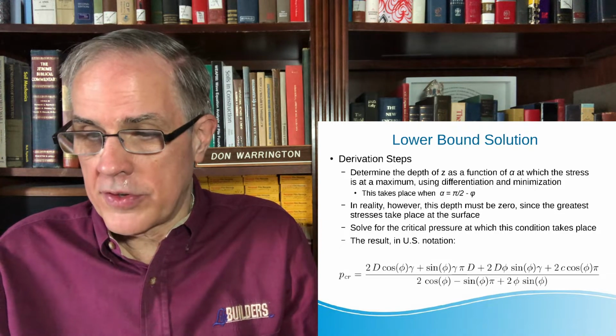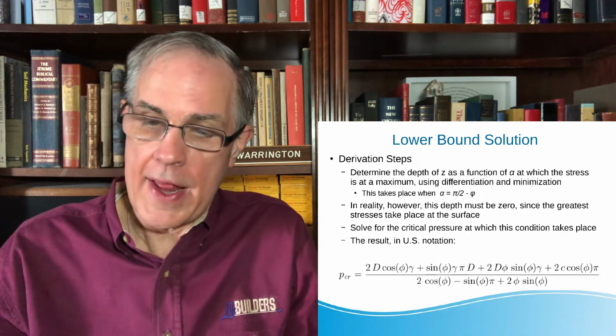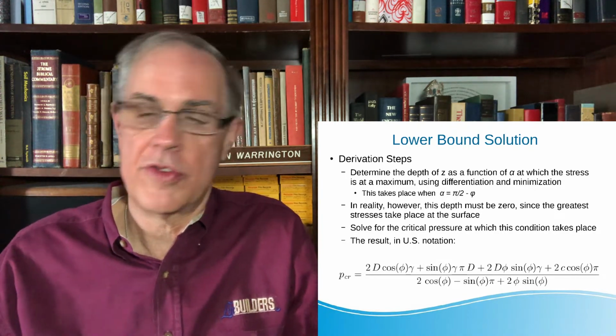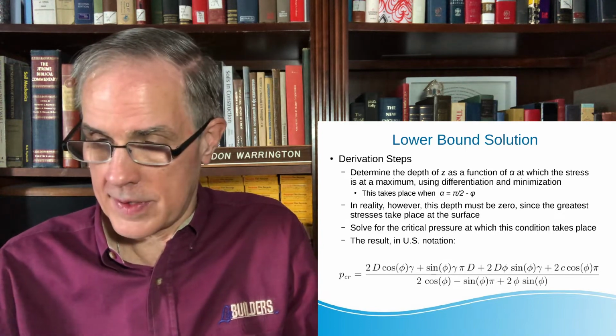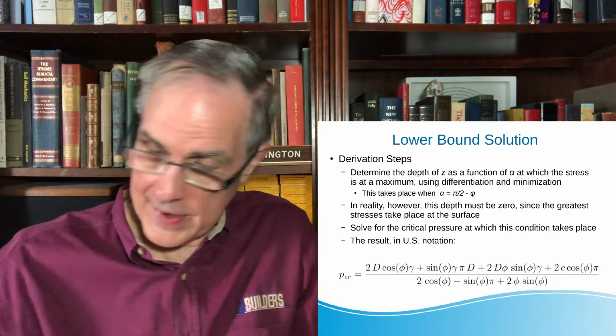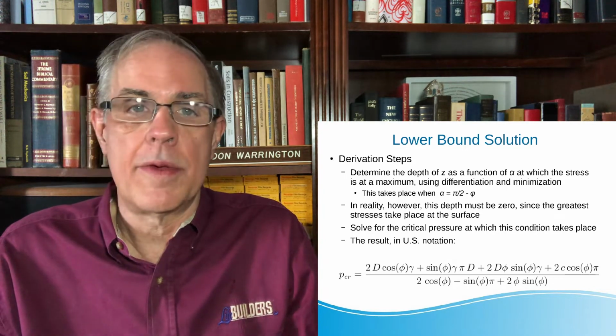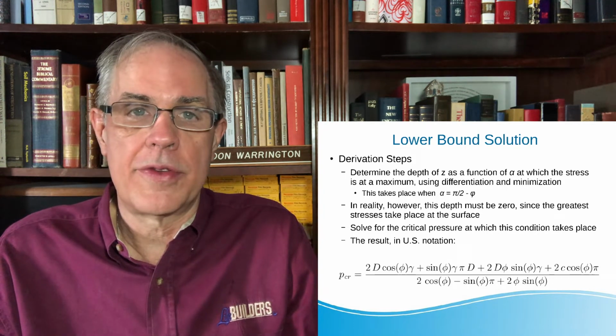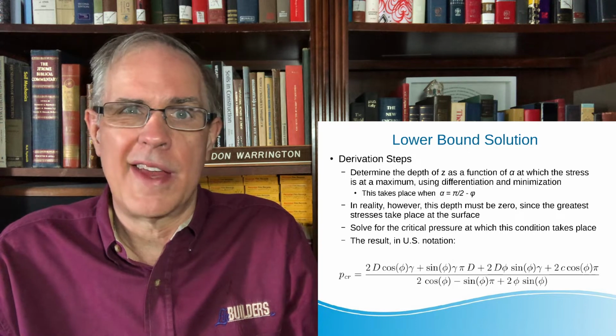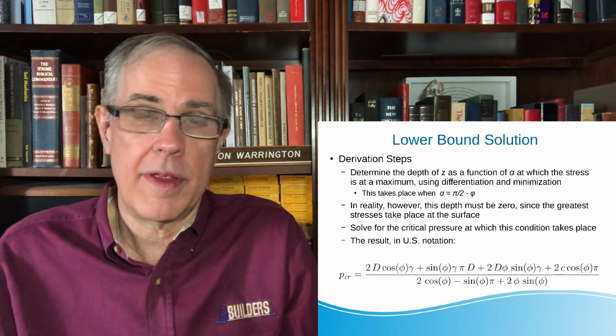We substitute that alpha into the equations, and we solve for z max. Then we say that z max has got to be equal to 0, so we get rid of that.